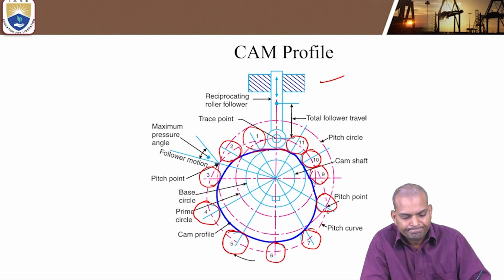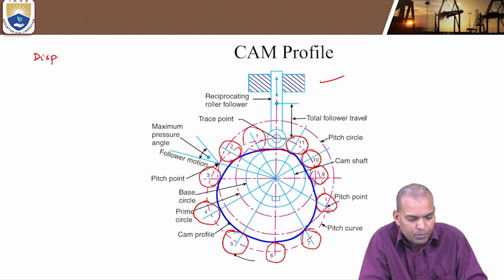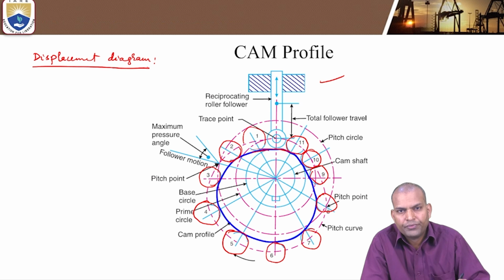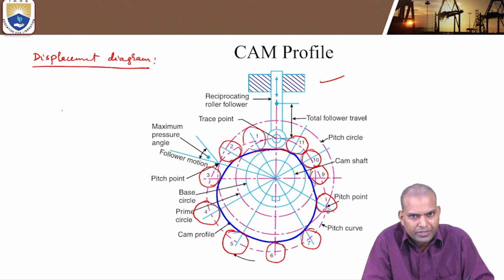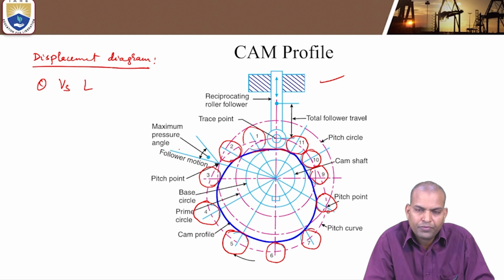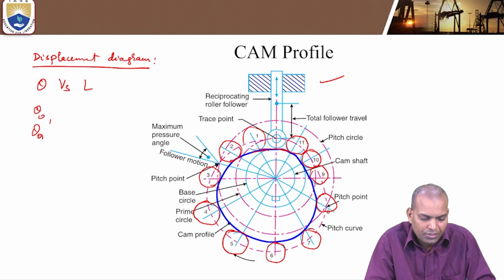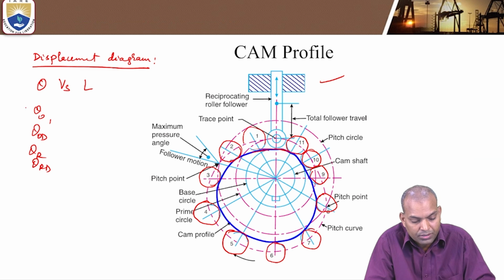So there is a diagram. The diagram is known as the displacement diagram. This displacement diagram is the diagram of angle of rotation of the cam versus lift of the follower. For a particular angle of rotation of the cam, there are sub-terms: outstroke angle of rotation, dwell during outstroke, and return stroke angle of rotation, dwell during return stroke.